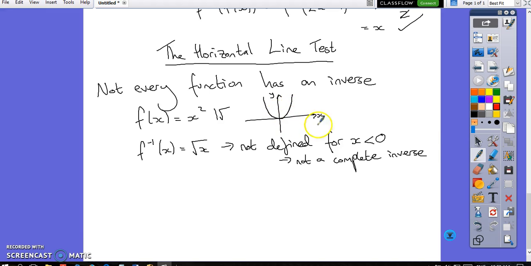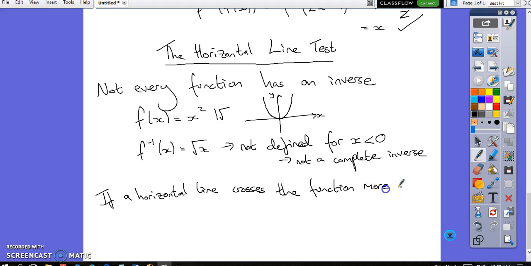The horizontal line test says that if a horizontal line crosses the function more than once, the function doesn't have an inverse.